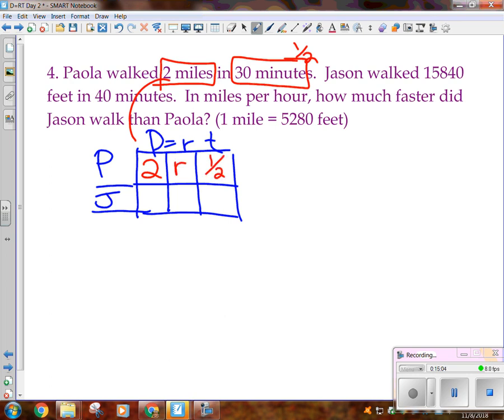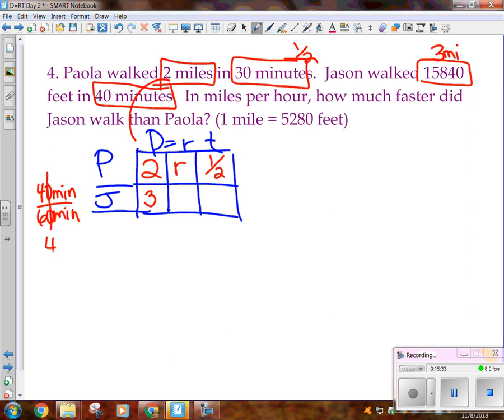I do not know the rate that Paulo was walking. Jason walked 15,840 feet. It's about 5,000 for every 1 mile, so 15 would be about 3 miles. Okay, so 3 miles. 40 minutes. Okay, be careful. 40 minutes out of what?